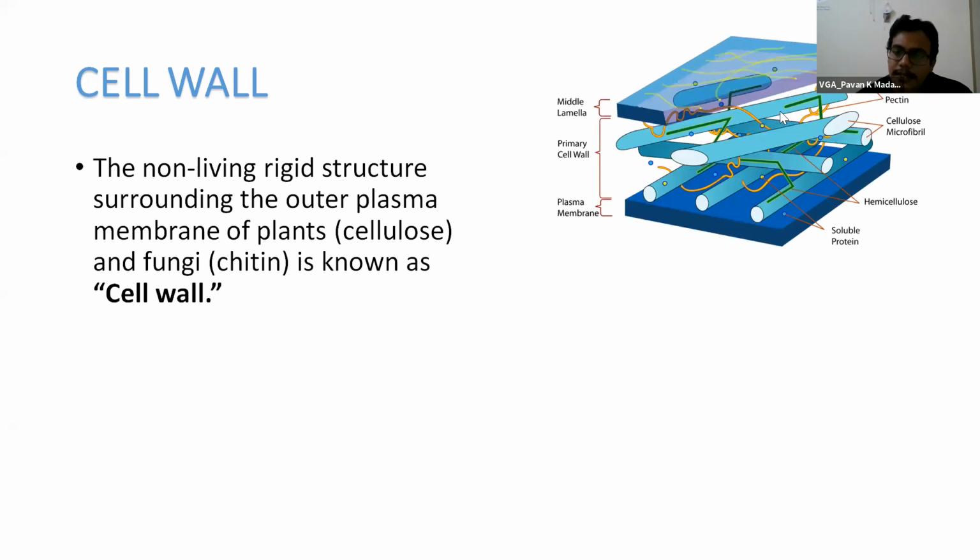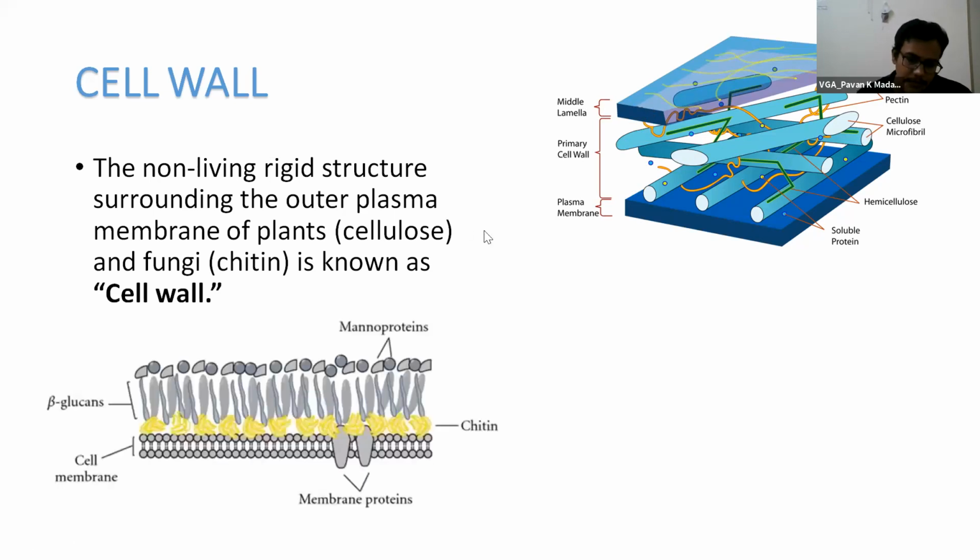If you see the structure of this typical cell wall, it has the middle lamella, the primary cell wall, and the plasma membrane. Below the primary cell wall, in plants, a secondary cell wall develops. And here is a typical structure of a fungal cell wall.